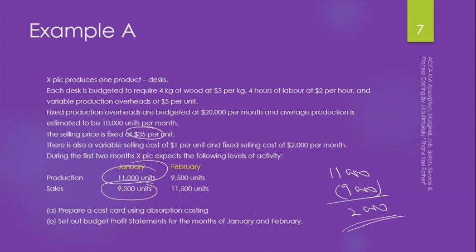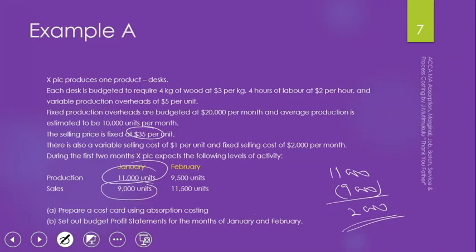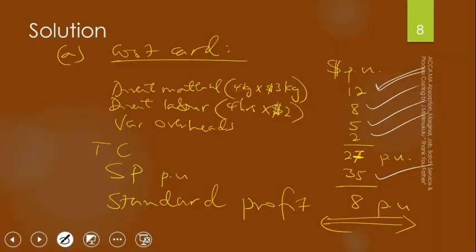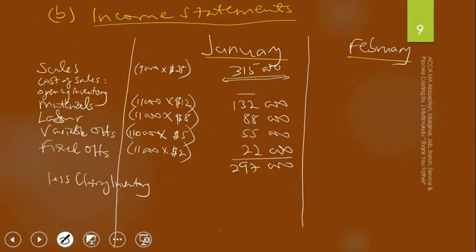Good. But at what cost are we valuing this closing stock? We are saying our closing stock is 2,000 units, yes, but we have to give it a value. What value are we going to charge?